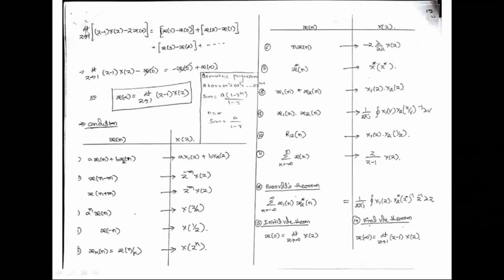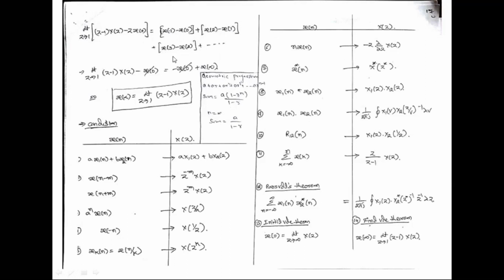So see, the limit z tends to 1, (z minus 1) x of z minus z into x of 0. This is the right hand side function. x of 1 minus x of 0, z power 0 is 1 power 0. x of 2 minus x of 1, z power 1, 1 power 1 is 1, and so on. Okay, so x of 1 and minus x of 1 cancel, and for the second term we will get x of 2 minus x of 2.